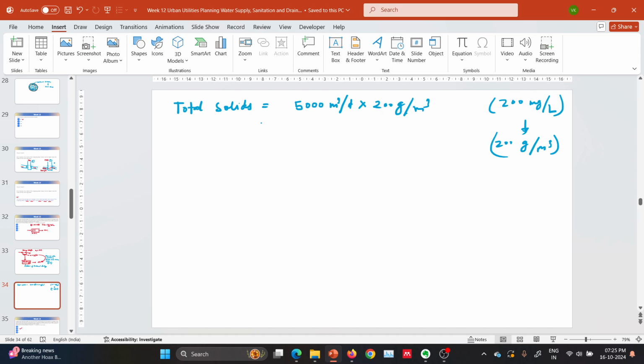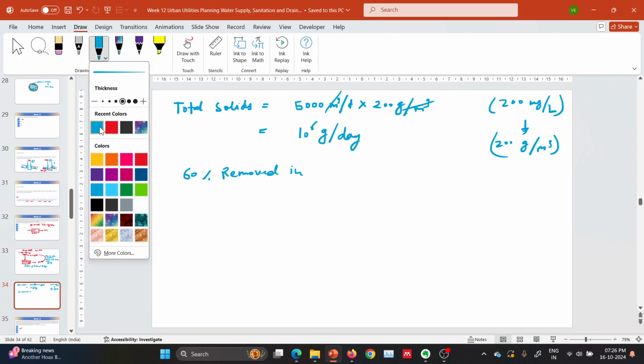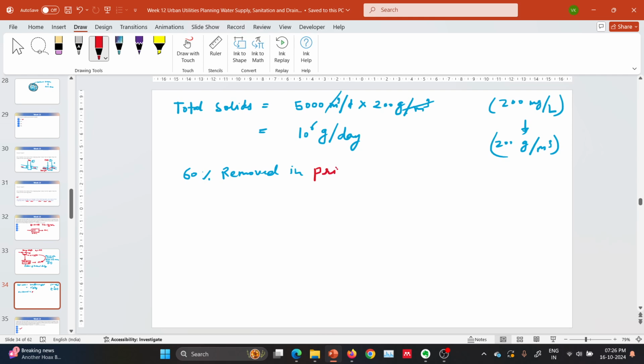So we can write it as 10 to the power 6 grams per day of solids, and 60% removed in the primary clarifier.